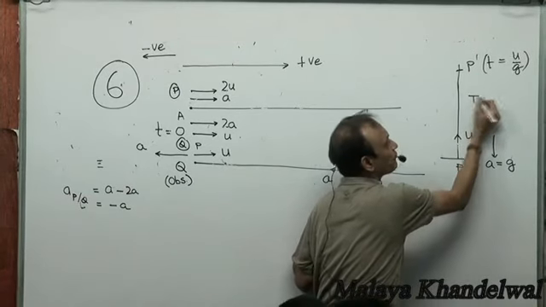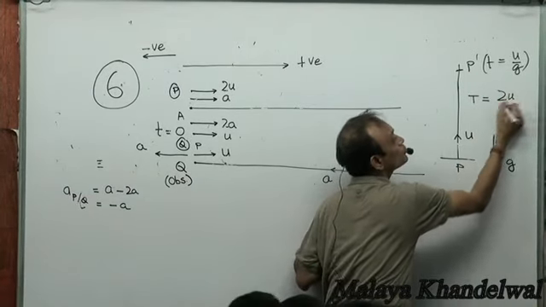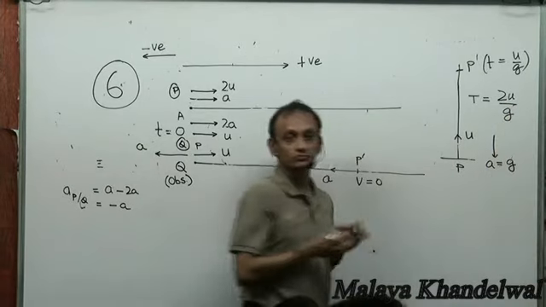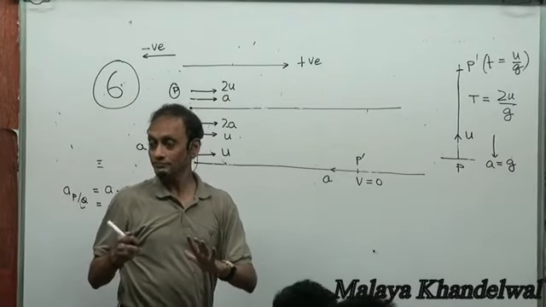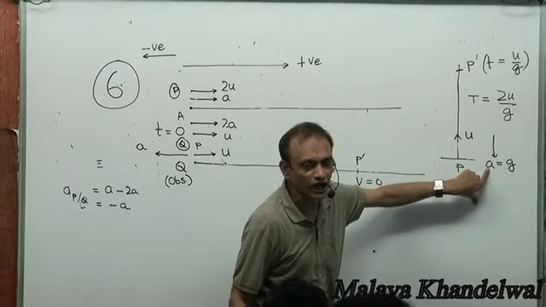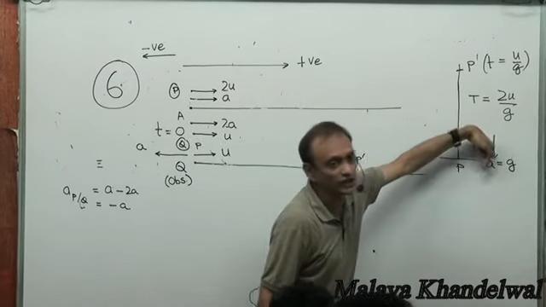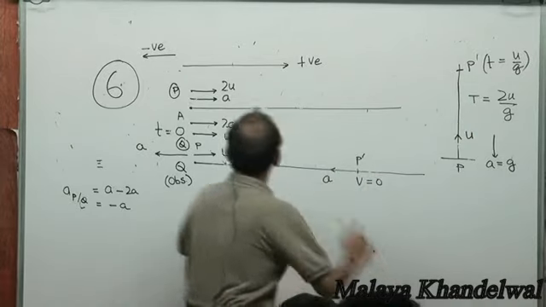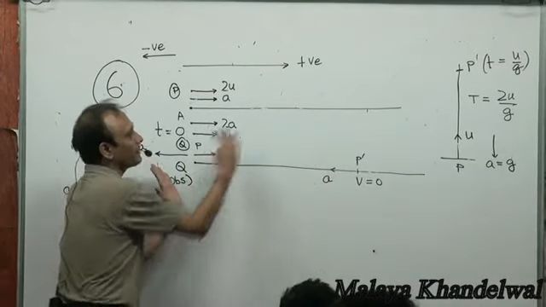So the total time of flight, as we understand, is 2u by g. Yes or no? The time taken to come back to P under the influence of this acceleration acting in the opposite direction is 2u by g.